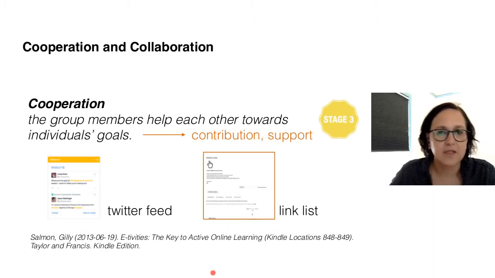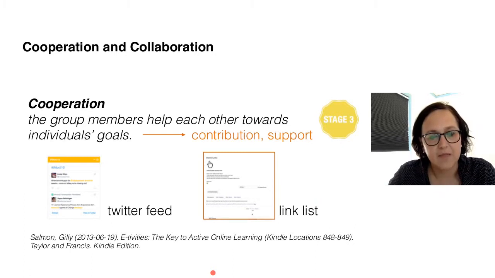So in cooperation, everyone works basically on their own goals, but with contribution and support of others, of team members. I was looking for some manifestation of this idea. I found that a Twitter feed is something like a cooperation, because people work on their stuff but communicate about it by Twitter.